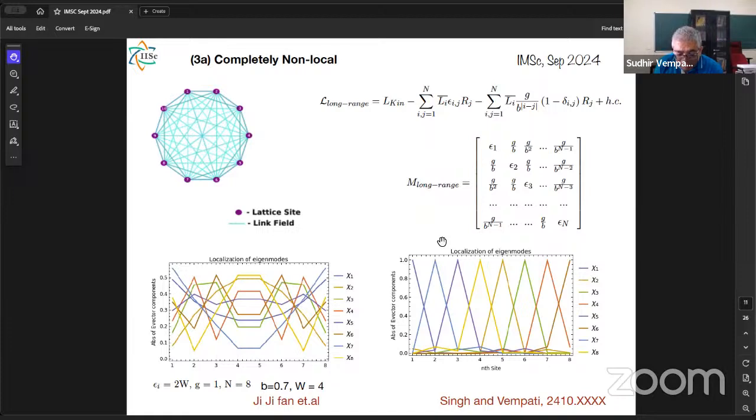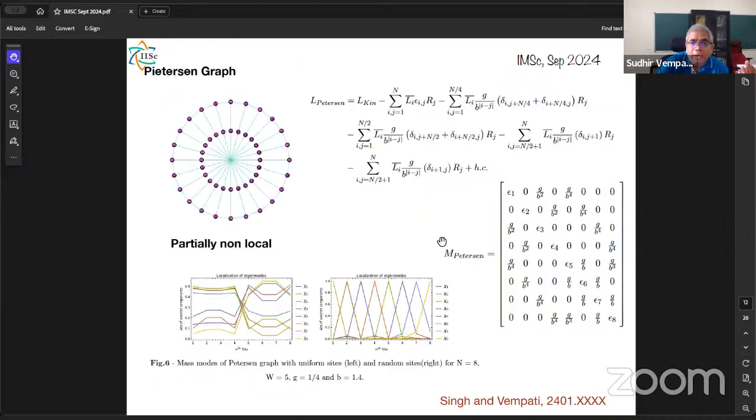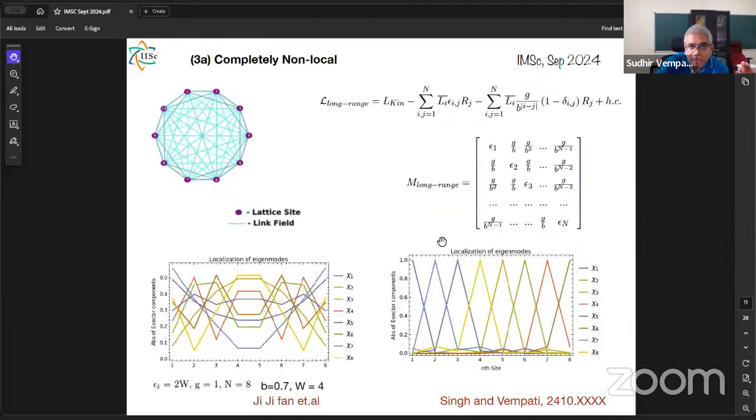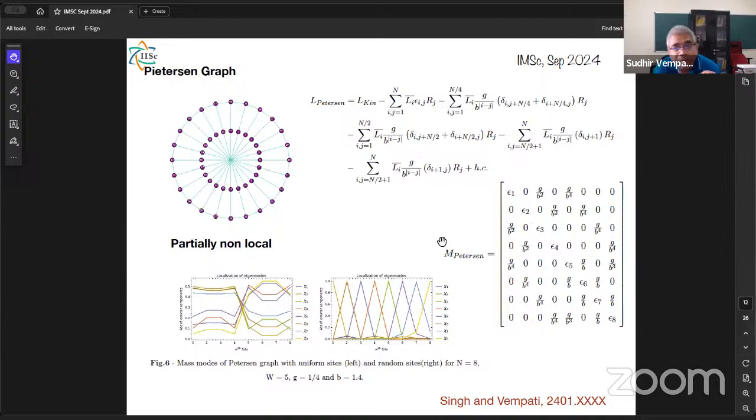So what we learned is that with randomness, you can do the same thing with different geometries. Another geometry which we realized is something called a Petersen graph. You can look at different geometries and corresponding mass matrices, so your mass matrix is represented by a very nice geometry. You have a graphical picture.